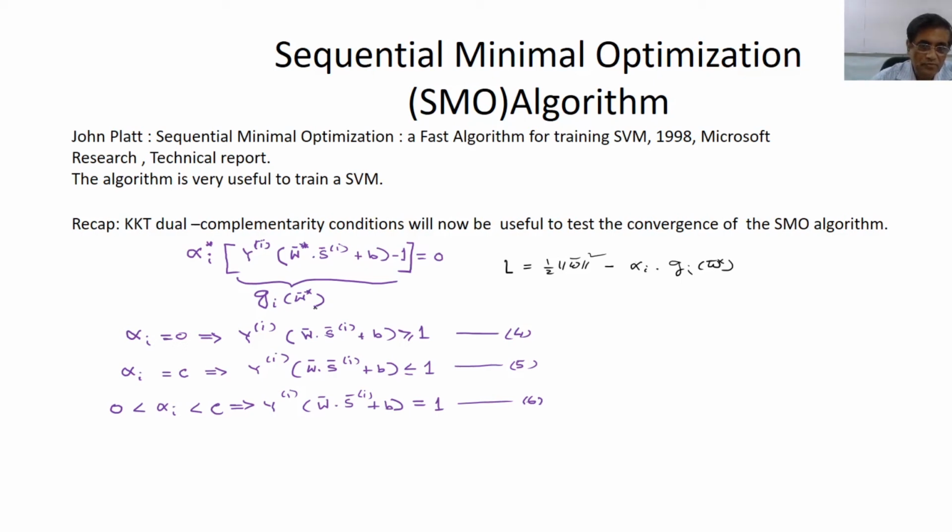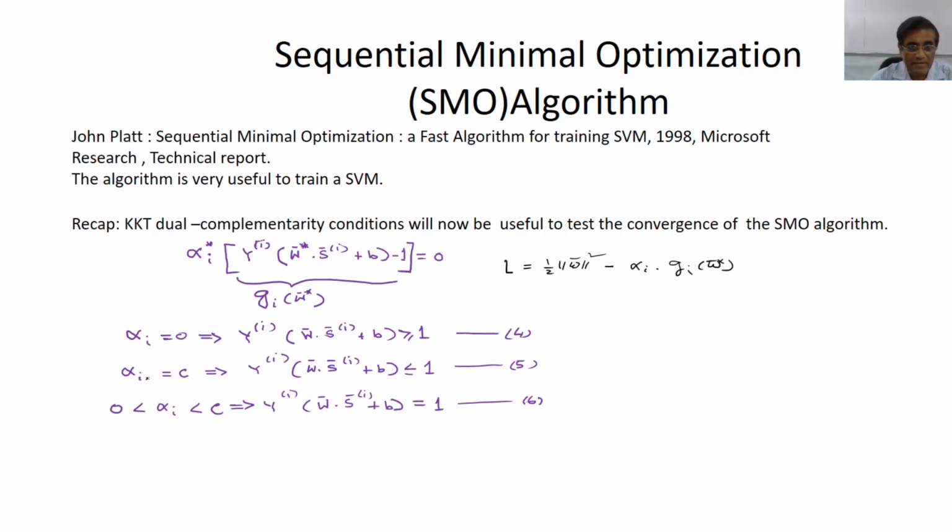Of course, both of them could be 0, but here it will not happen like that. So the important thing is, if either of them is 0, the constraint will be satisfied. Now let us see, if alpha equals 0, then this cannot be 0, so this will be greater than or equal to 1. Okay, so this is one constraint, a very useful constraint for checking the convergence of the SMO algorithm. That's why we are writing it here.